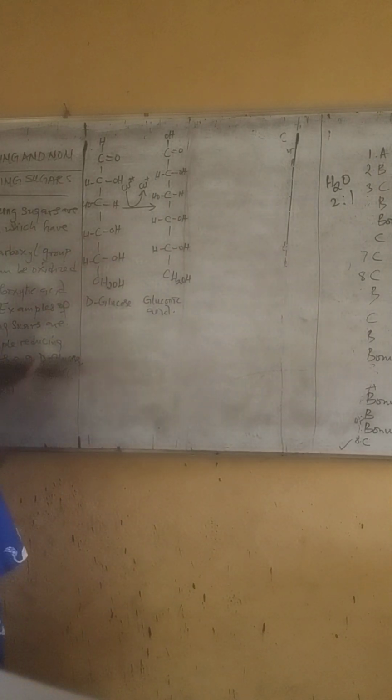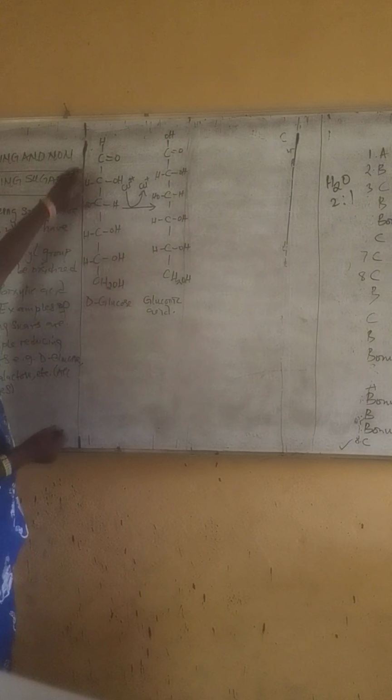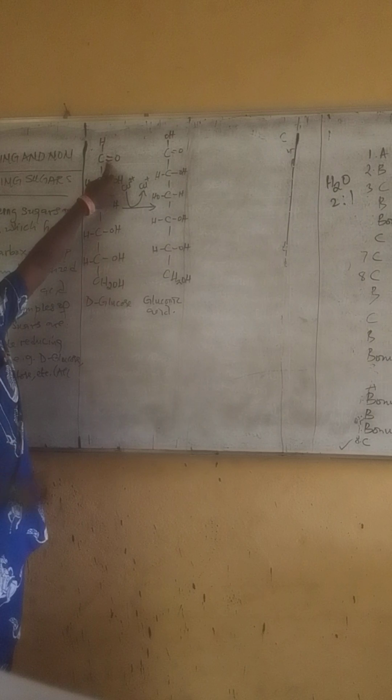So look at this. What makes D-glucose a reducing sugar is that it has a free carbonyl group.